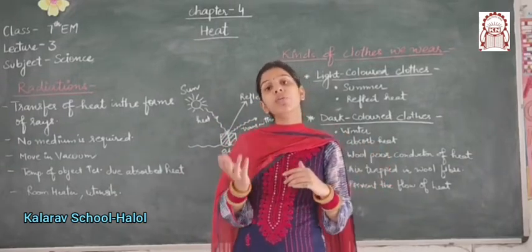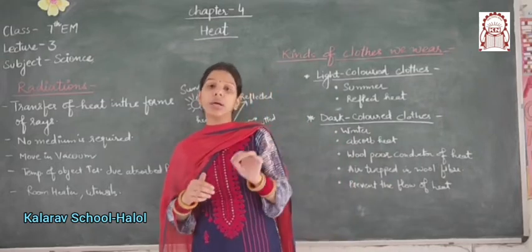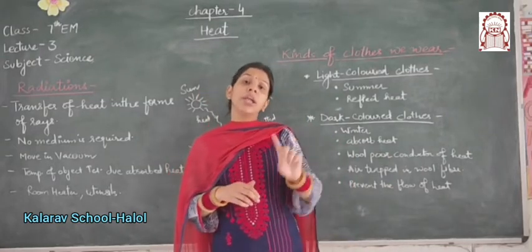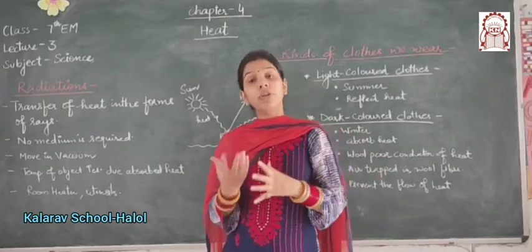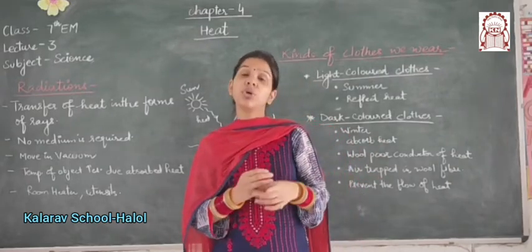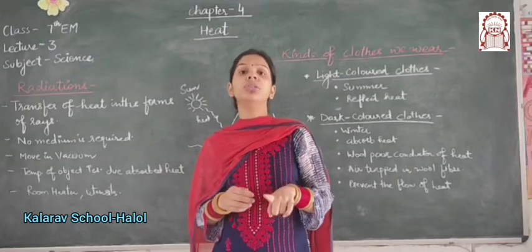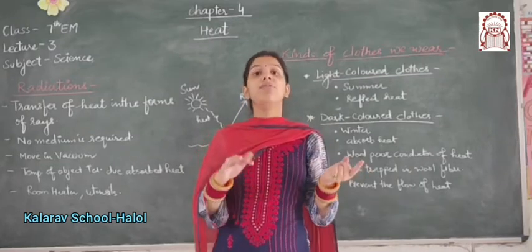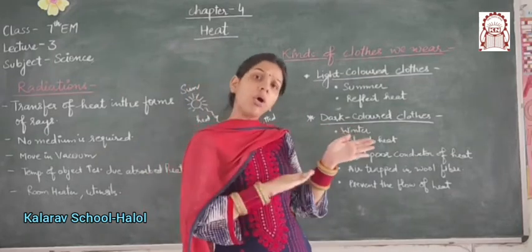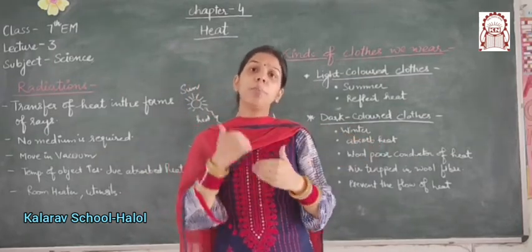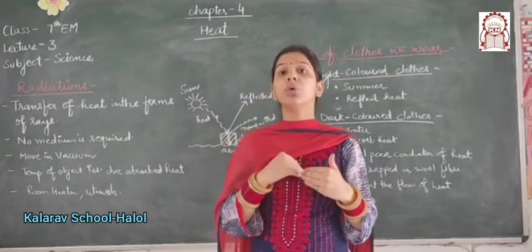So it is preferred to wear woolen clothes in winter as compared to summer. In contrast, if we wear woolen clothes in summer, we feel very warm. So we prefer cotton clothes in summer and woolen clothes in winter, because cotton clothes allow heat to pass from the body to the surroundings and make us cool.